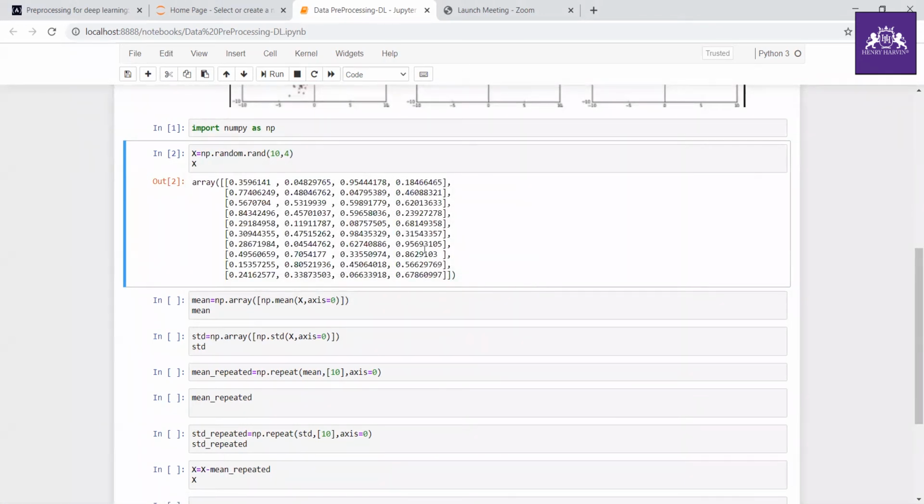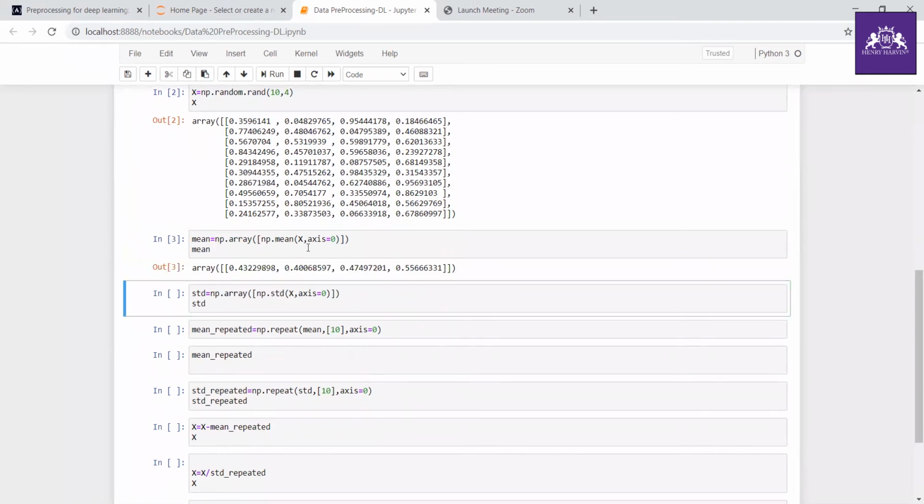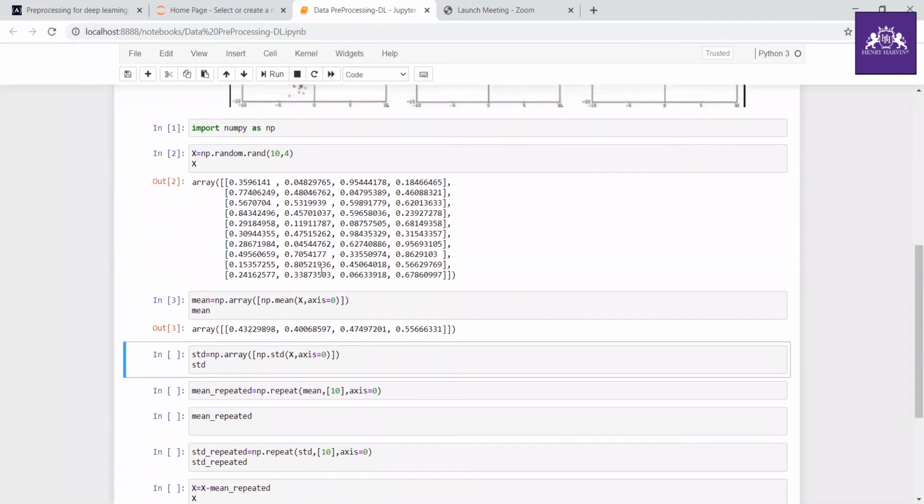Now I want to compute the mean for that. I'm writing mean is equal to np.mean(x, axis=0). Whenever we write axis equal to 0, that stands for the rows. So I'm getting the mean now.